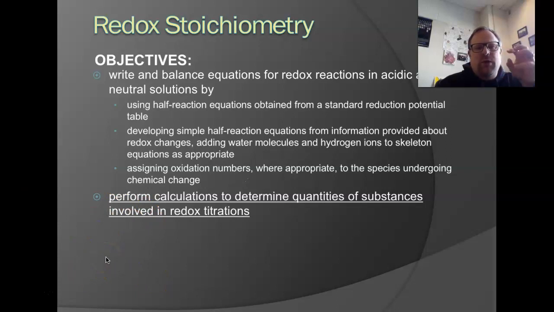For redox stoichiometry, we're going to draw on what we learned about stoichiometry in Chemistry 20, and we're going to add on to that some of the information that we have learned in this unit, particularly with respect to getting us to the balanced chemical equation in our first step of stoichiometry.